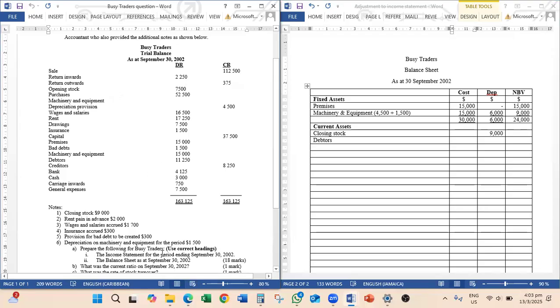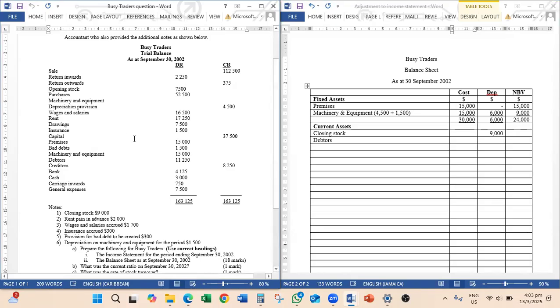What you would have to use in the profit and loss is the one that is shown in the footnote, right? And then when we get to the balance sheet, because the balance sheet is a totals account or a total statement, you would have to add, similarly to the depreciation, the provision for bad debt that is in the footnote to the provision for bad debt that is in the trial balance. All right, so please pay keen attention to that bit of information.